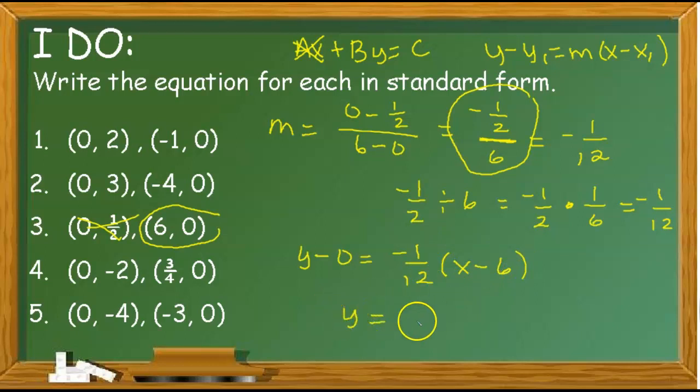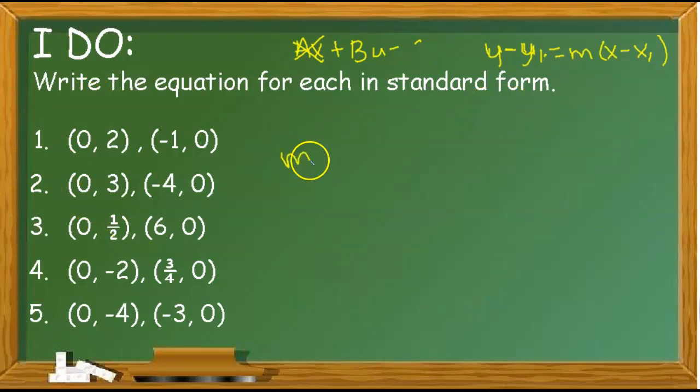So y equals a -1/12 x minus 6. So that one would be really easy to go points or slope intercept, because now you just need to distribute and you're done. Okay, but go ahead and change that into standard form. I'm not going to do it in standard form, but I do need you to be sure you go ahead and write it in standard form so we can check that later. So that would be something I might ask you in class for.